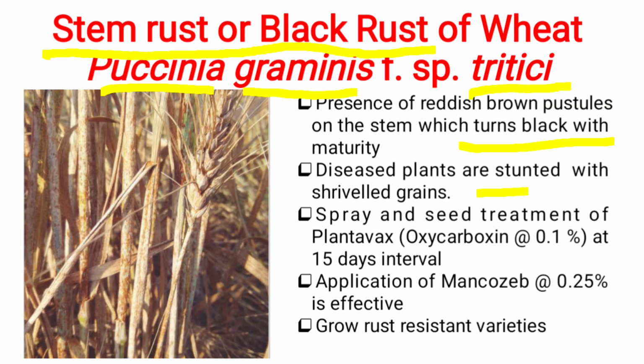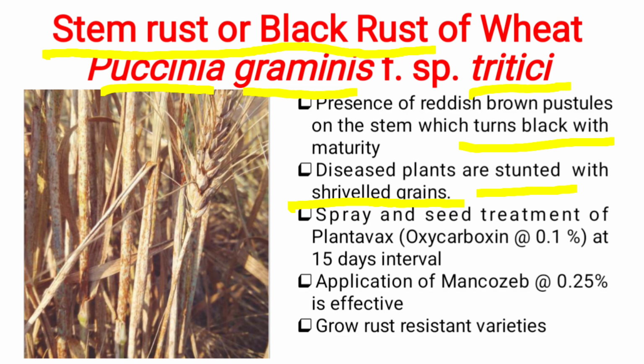Other symptoms include stunting of the plants with shriveled grains. Majorly this rust disease affects the stem portion of the plant. Since it is an airborne disease, it is spread mostly by the uredospores, which are the spreading spores that travel through the hills and the central plains, and thereby cause this disease in the northern part of India, right?